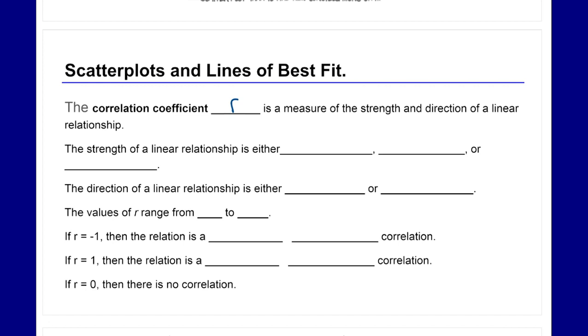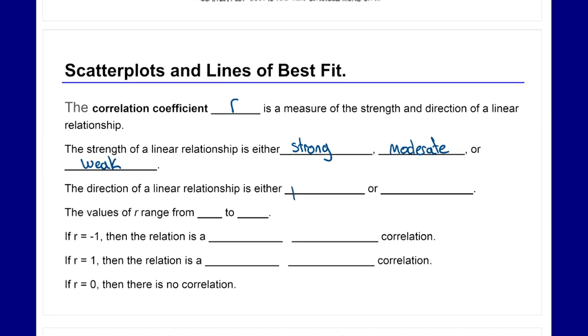The strength of a linear relationship is one of three things. It is either strong, moderate, right. Strong, moderate, or weak. And in terms of the directions, it's one of two.